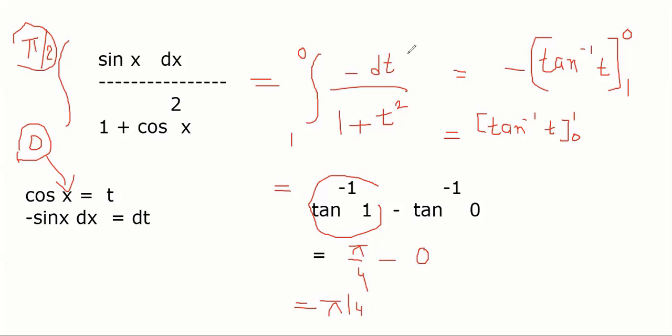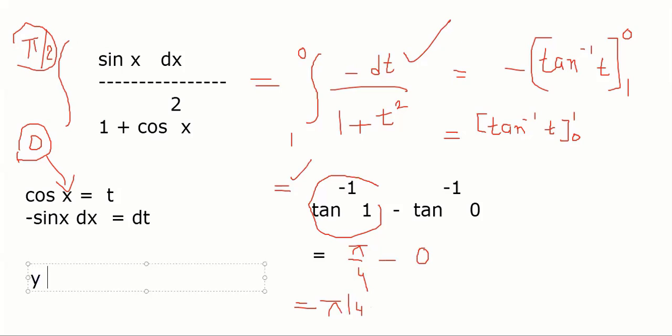So we used the integration formula of tan inverse x: integration of 1 by 1 plus t square equals tan inverse t, and afterwards we evaluated the tan inverse. Tan inverse 1 means what? I'll give you one more example so that you understand what inverse means.